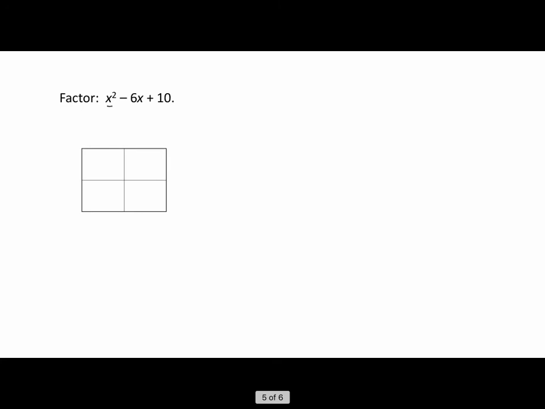Another example here, we want to factor x squared minus 6x plus 10. So we're looking for factors of the first and the last term, such that the sum of the products of those factors is the middle term. So x squared has to be x times x, and 10, let's see, that could be 10 times 1 or 5 times 2.